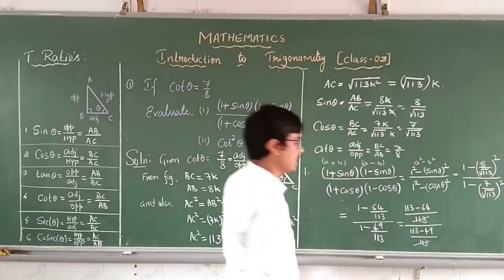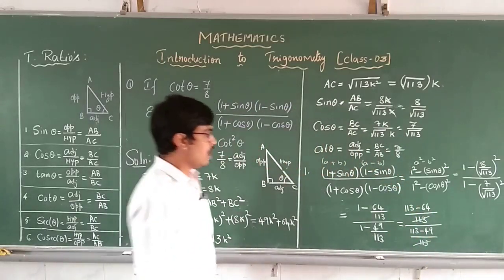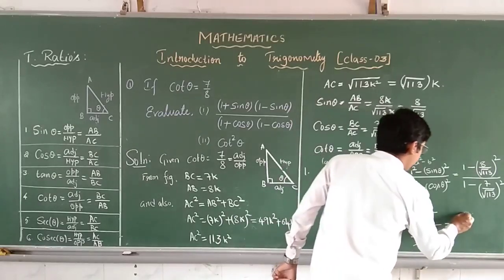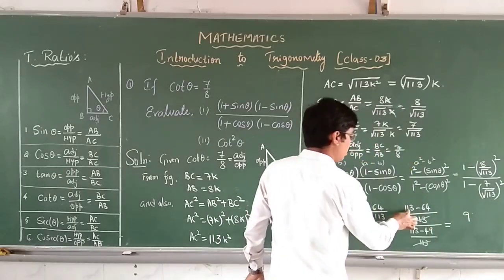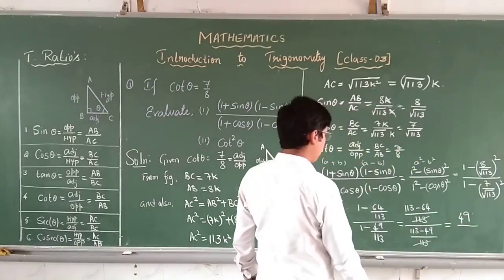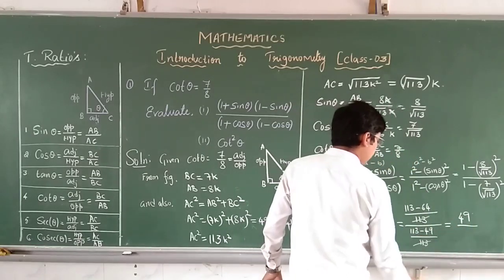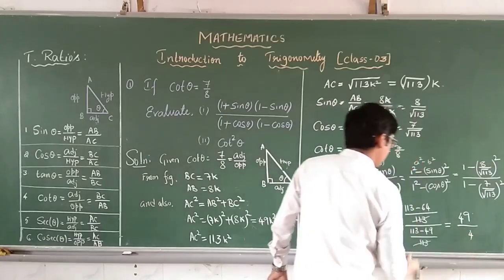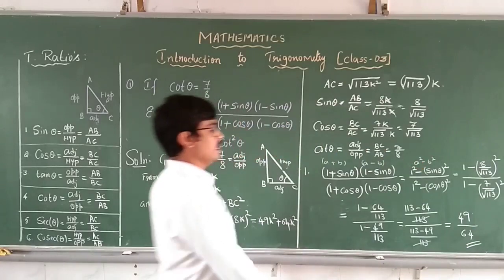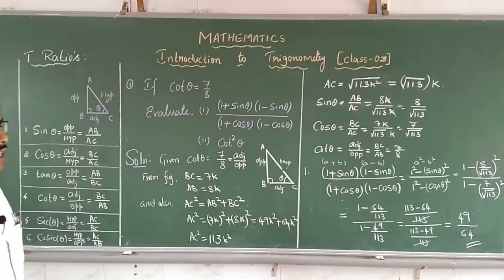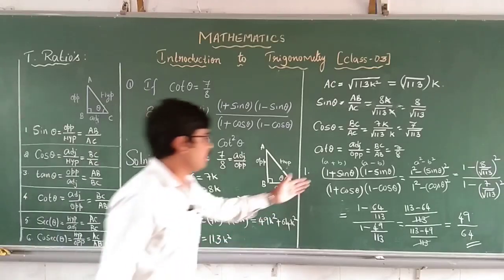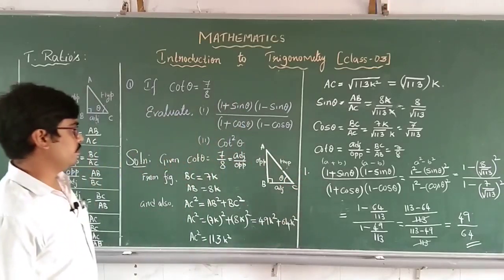The denominators get cancelled. Now 113 minus 64 will be 49, and 113 minus 49 will be 64. So 49 divided by 64 is the required value of the given function.